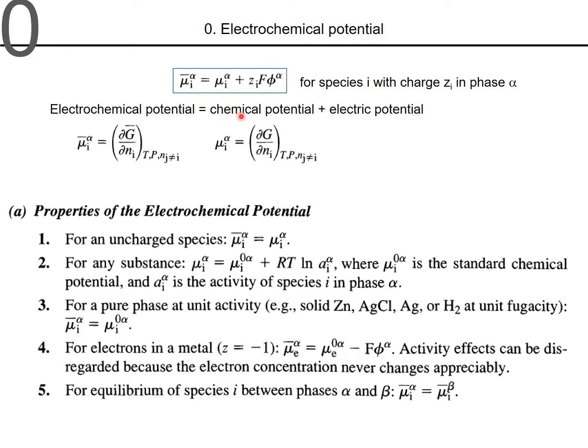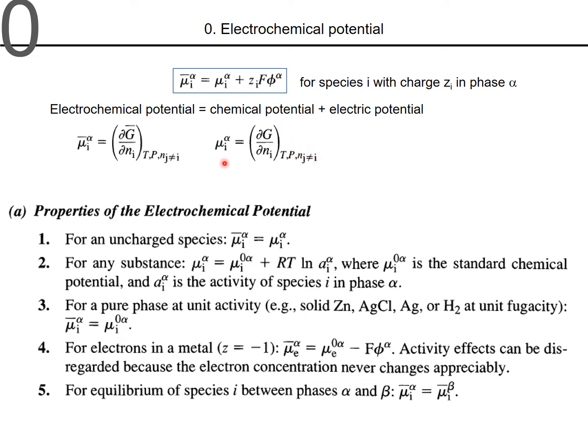What is chemical potential? Chemical potential is the first order partial derivative of Gibbs free energy with respect to the amount of species i, when temperature is fixed, pressure is fixed, and the other species are fixed.